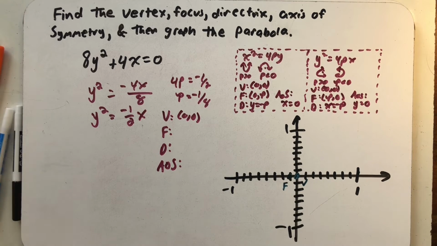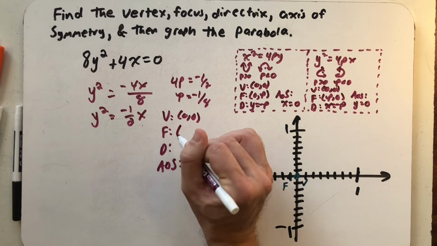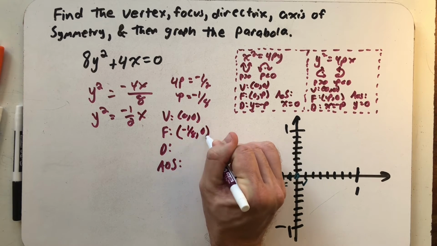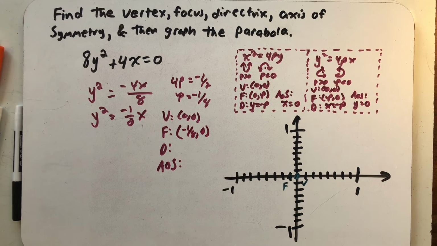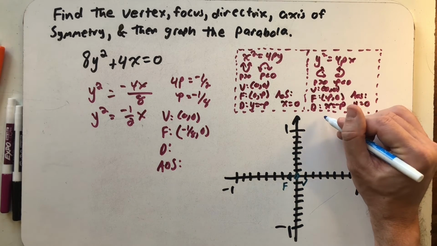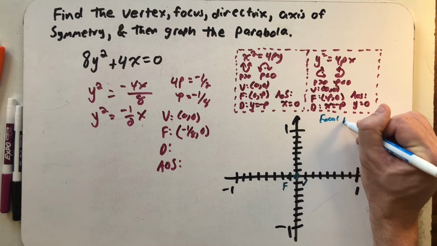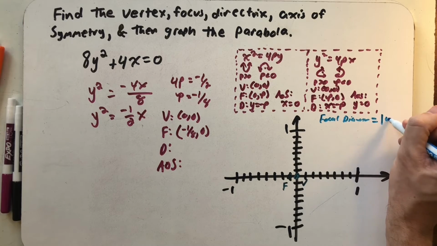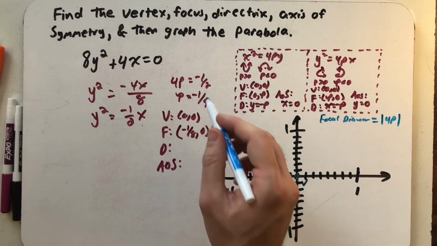Now, I want to sketch my parabola. Let's write down where that focus is, at minus 1/8 comma 0. To sketch this parabola, instead of finding two other points by plugging in x's or y's, which we can certainly do, I know that the focal diameter is equal to the absolute value of 4p.